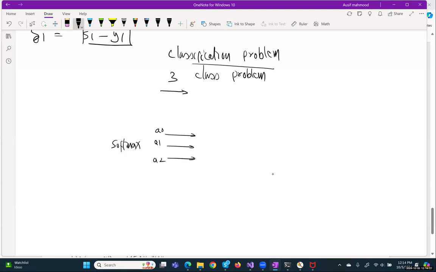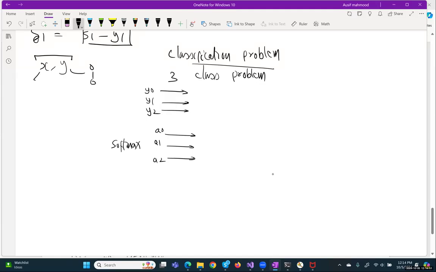There will be 3 targets, Y0, Y1, Y2. Let's pretend for a given training data, X, Y, because we always pick a training pair, right? Corresponding to this X, the target is 0, 1, 0.